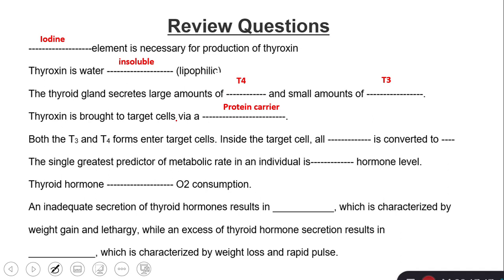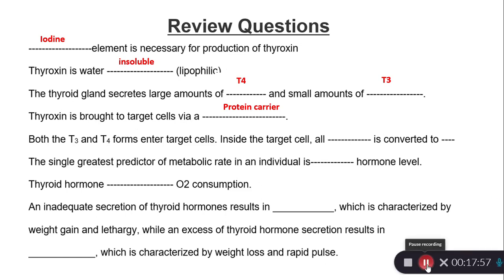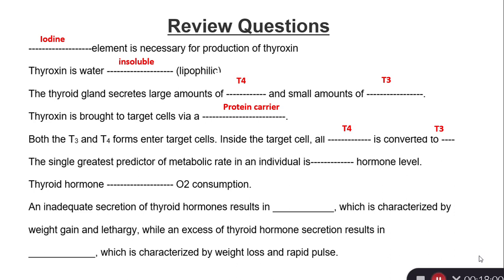Inside that, all of T4 is going to be changed to the active form, which is T3. What is the single greatest predictor of metabolism? It's the level of thyroxin hormone.